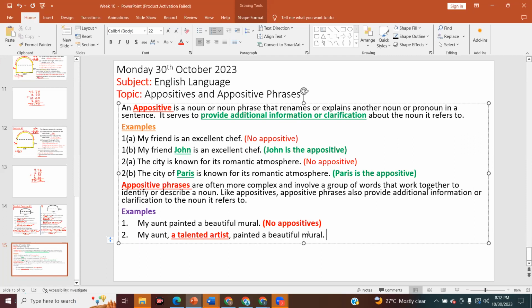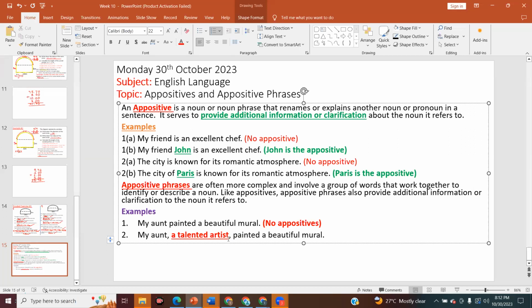So for appositive phrases, in order to introduce them, what do we put? Commas, all right? For some appositive phrases you need to put commas, and sometimes you don't.